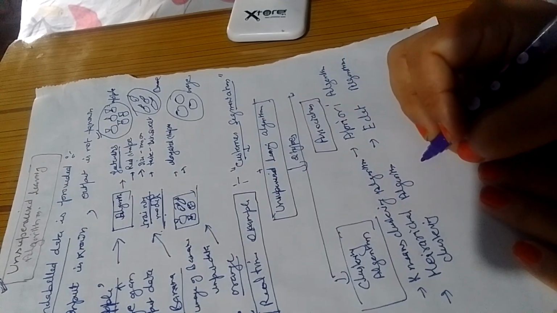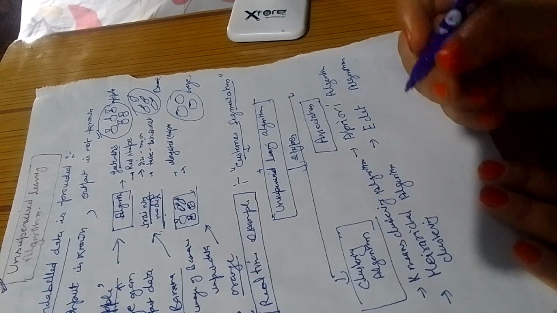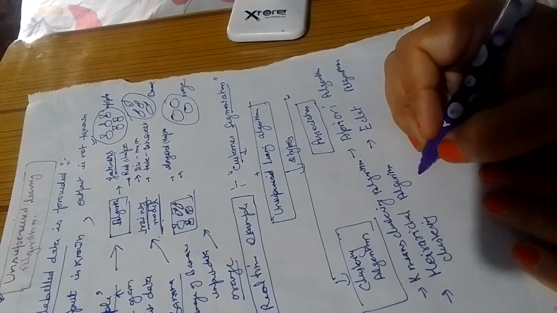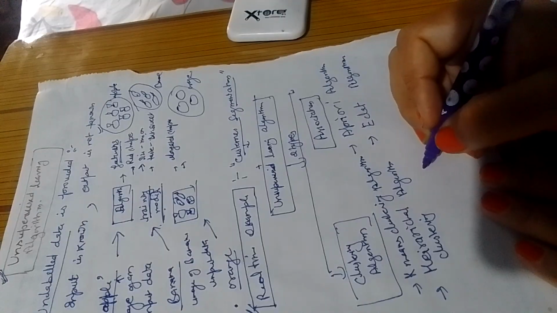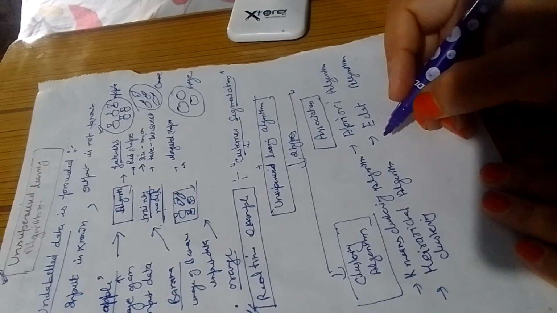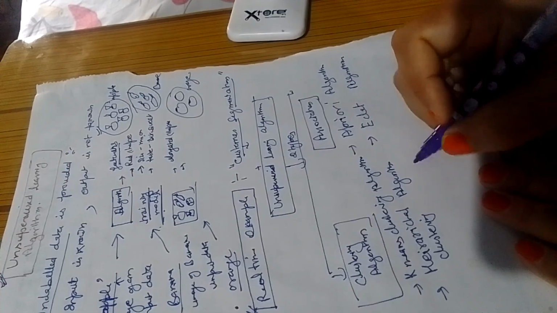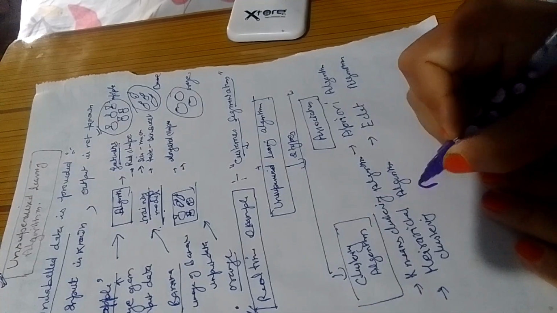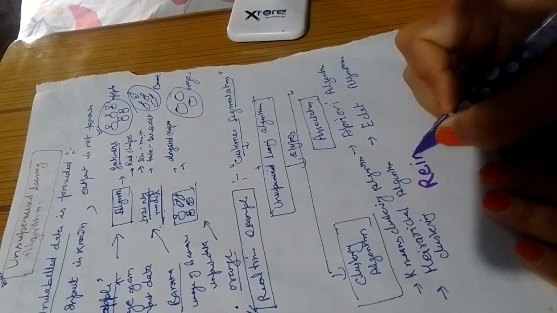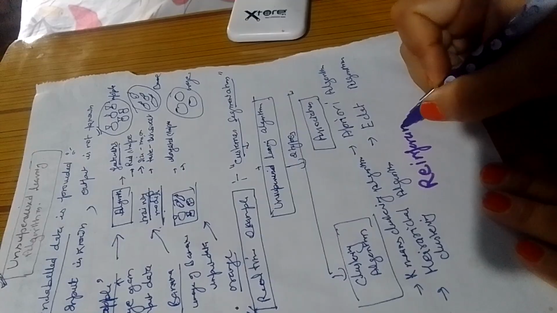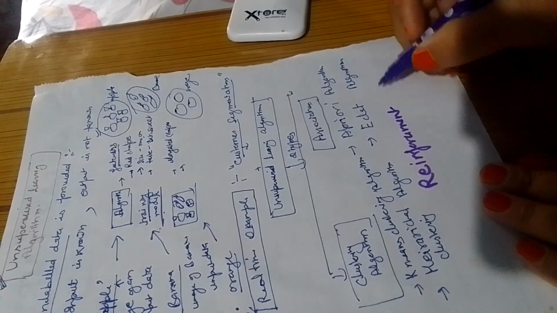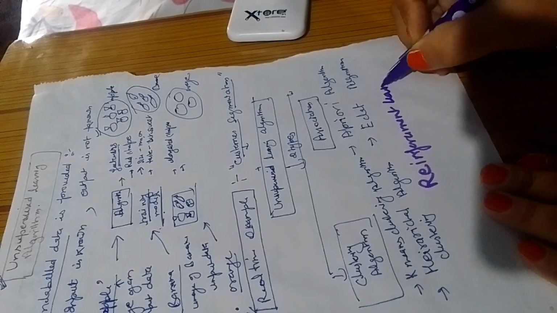Any guess? If you guessed it, please write it in the comment section. The third type of learning algorithm, what was that? It was of course the reinforcement learning algorithm.